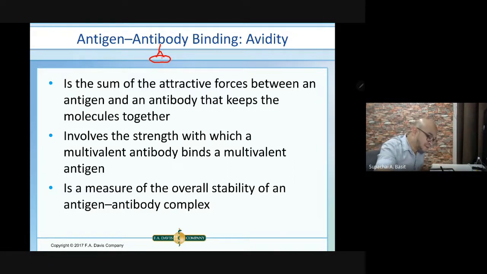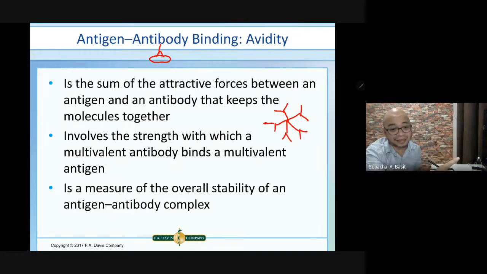However, some of the antibodies are multivalent, such as IgM. If you remember, IgM is multivalent. All antibodies are multivalent, but IgM is the most multivalent of them because it is considered to be a pentamer.